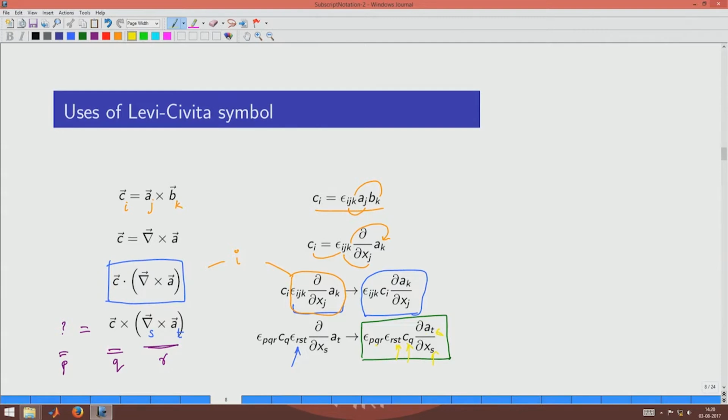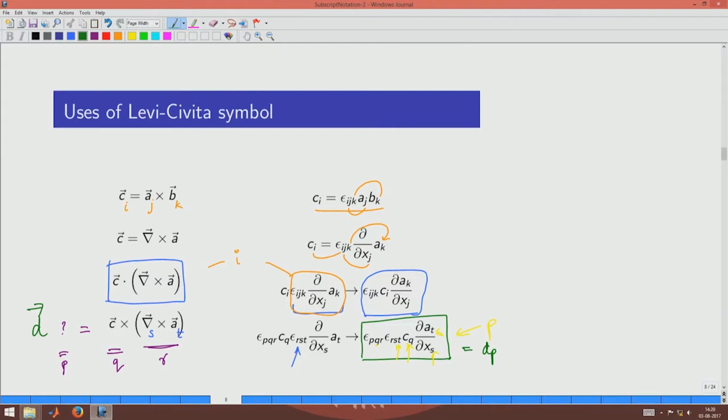The only index that is free is P, which implies this must be a quantity with index P, which I may want to call vector D. So, I could write this expression as equal to d P.